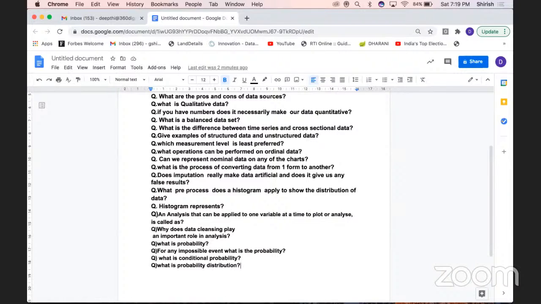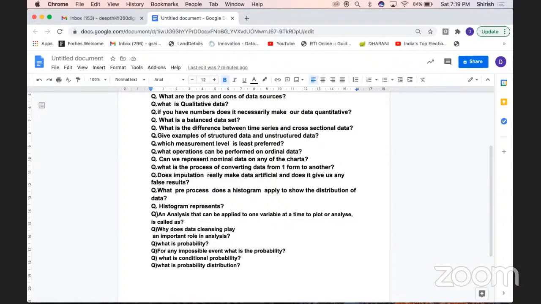So you are doing one experiment. When we conduct the experiment, we definitely have something called outcomes.